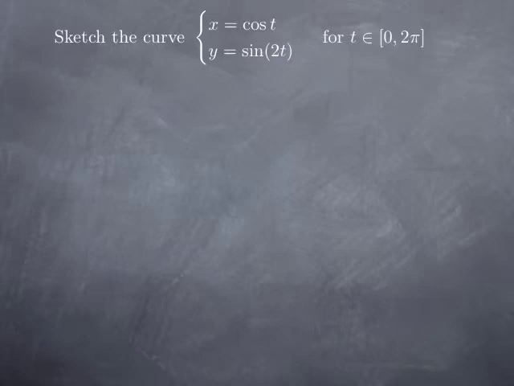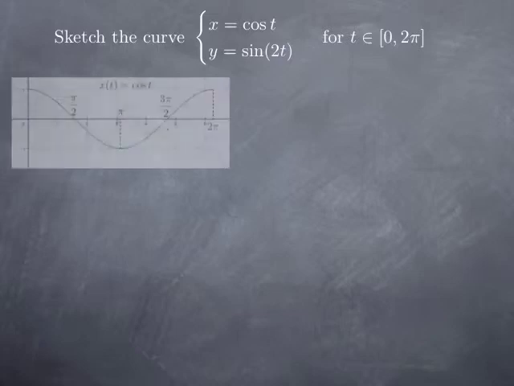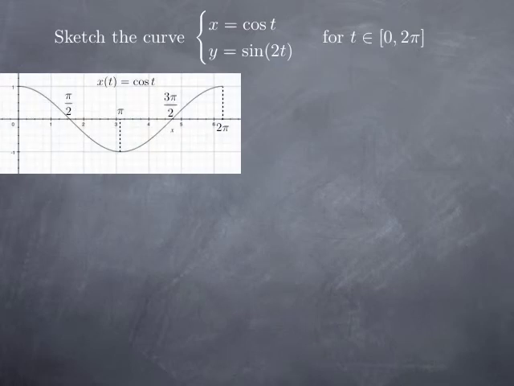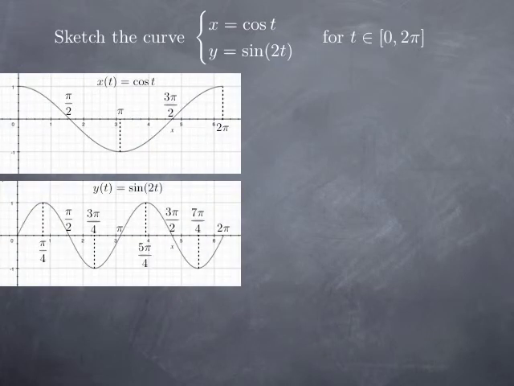So what you should do if you want to sketch a curve, and we're going to say more in the next video, but to go for a rough sketch, you would draw the graph of x as a function of t and the graph of y as a function of t. So this is x as a function of t, and this is y as a function of t.